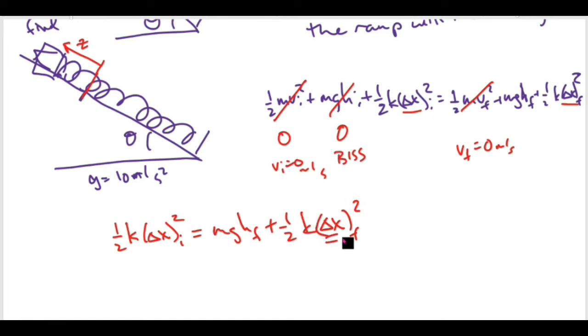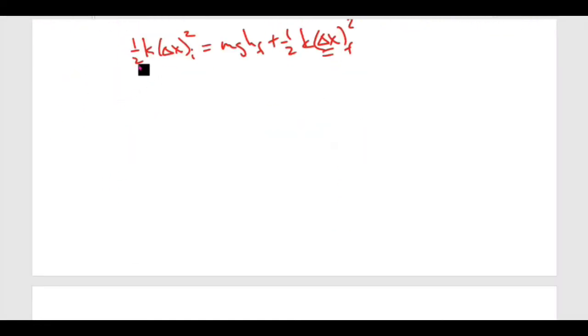This is what we're actually trying to find. So now let's plug in some numbers here. I know that k is equal to 20 newtons per meter. My initial position right here, the initial amount that the spring is off of equilibrium, or in this particular case, it's compression, was 4.854 meters. Mass is 5, g is 10. That's 5 kilograms and 10 meters per second squared.